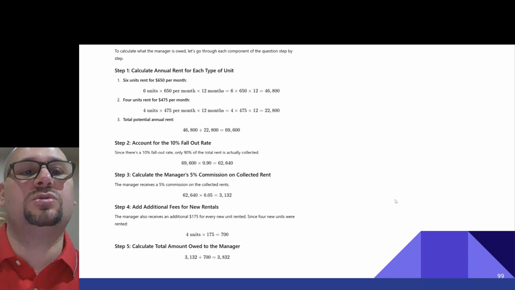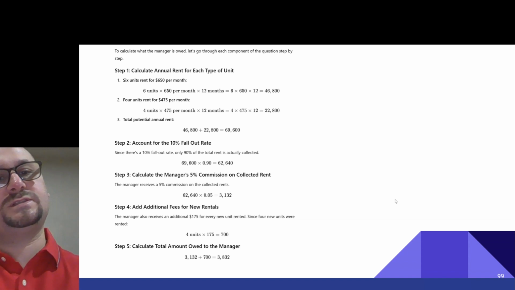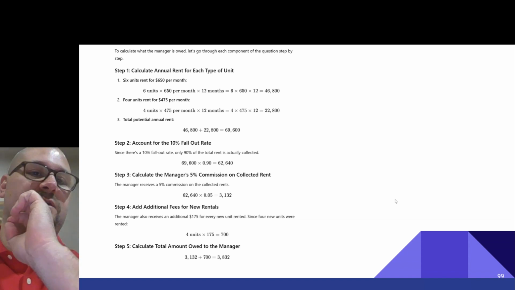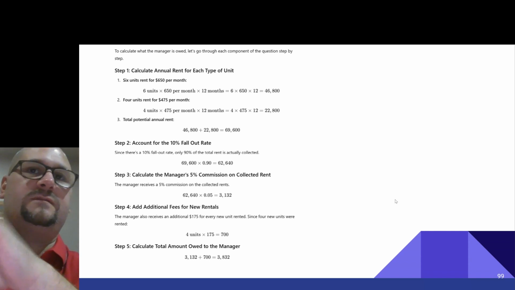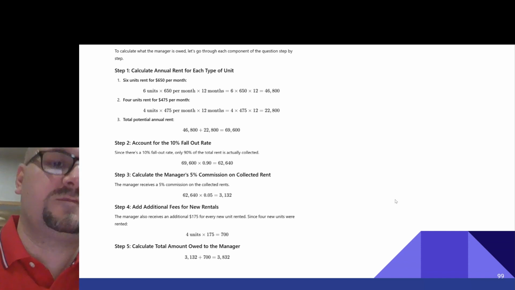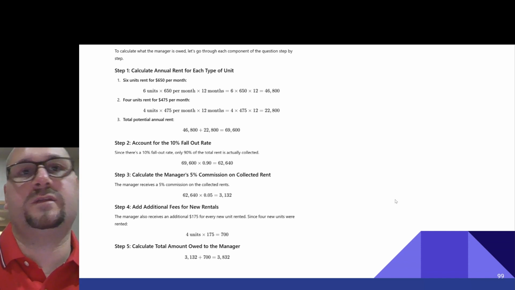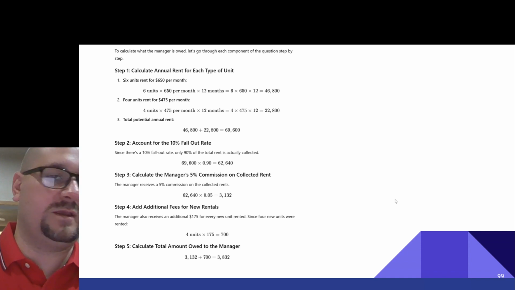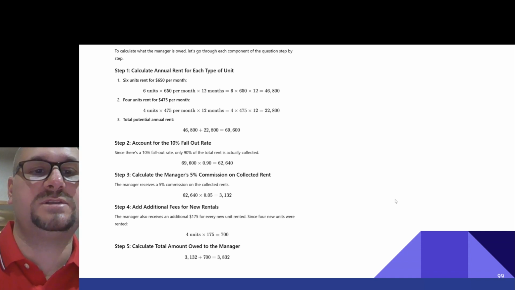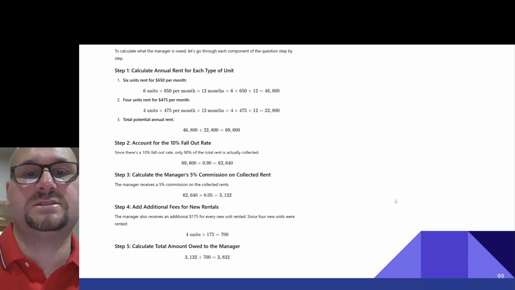So that's the total annual rent for the 6 units at 650 plus the 4 units at 475, to get it in annual terms. Then you account for the 10% fallout rate, the vacancy rate, how many units are empty. Since there's a 10% fallout rate, only 90% of the total rent is actually collected.